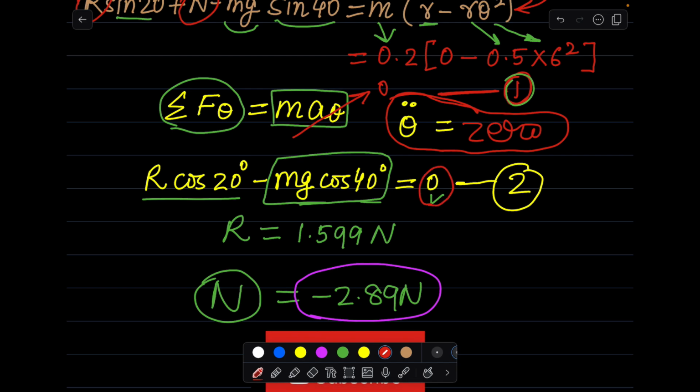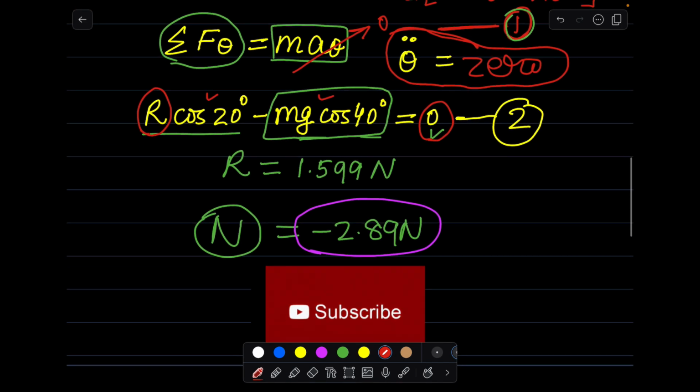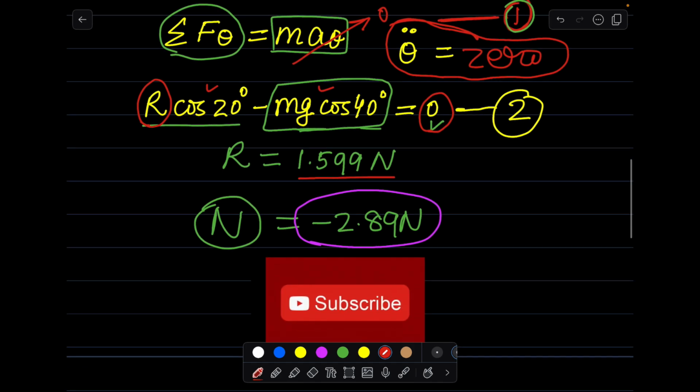Now in this equation number 2, we can see that the only unknown is R. The other things are known to us, so we will find the value for R, and it is 1.599 Newton. And we can use this value of R in equation number 1 to find the value of N. Now we got the value of N, which is negative.